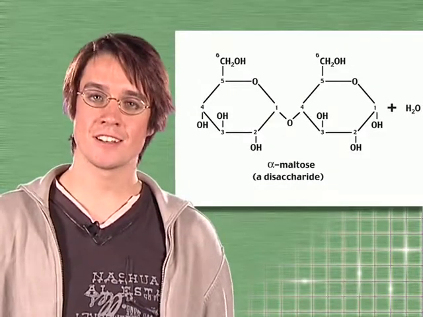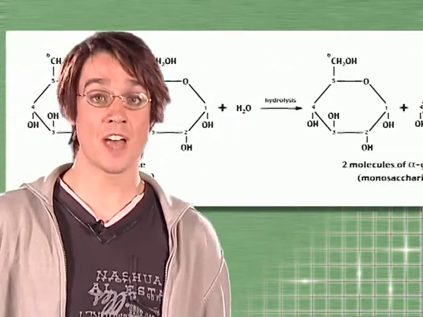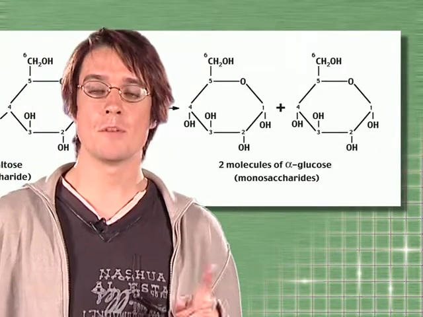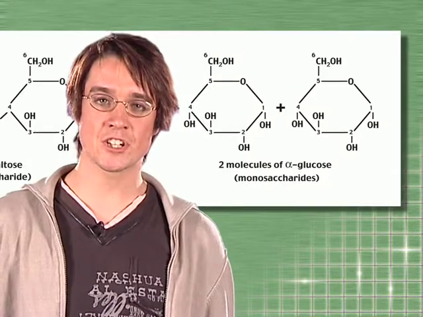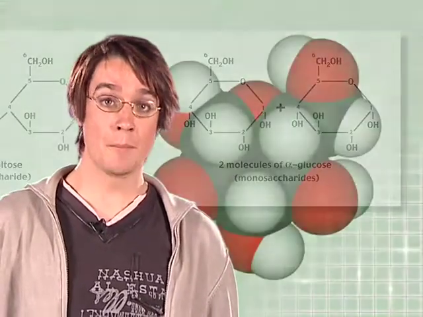During digestion, enzymes hydrolyze these disaccharides back to their monosaccharides. Remember that when we draw pictures of these molecules, the pictures are in 2 dimensions, but molecules have 3 dimensions. It is helpful to build models showing the molecules to see how the atoms are arranged.